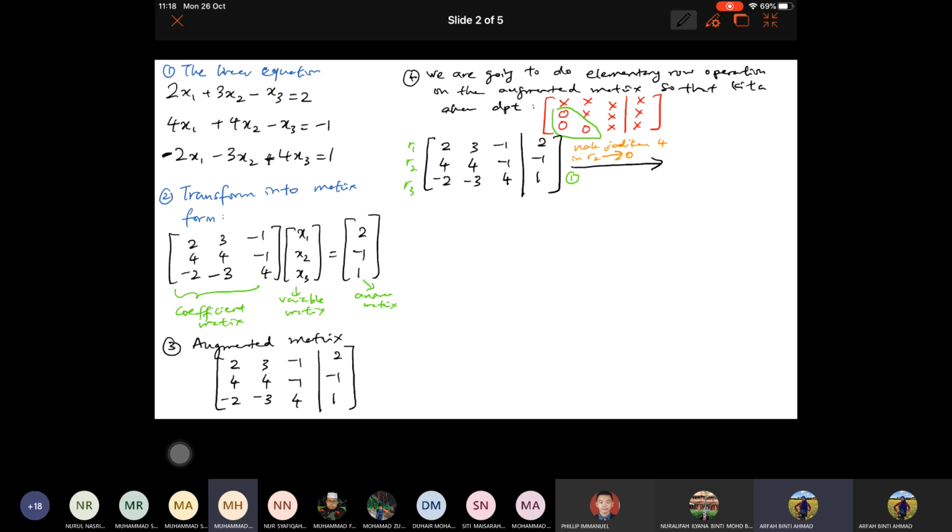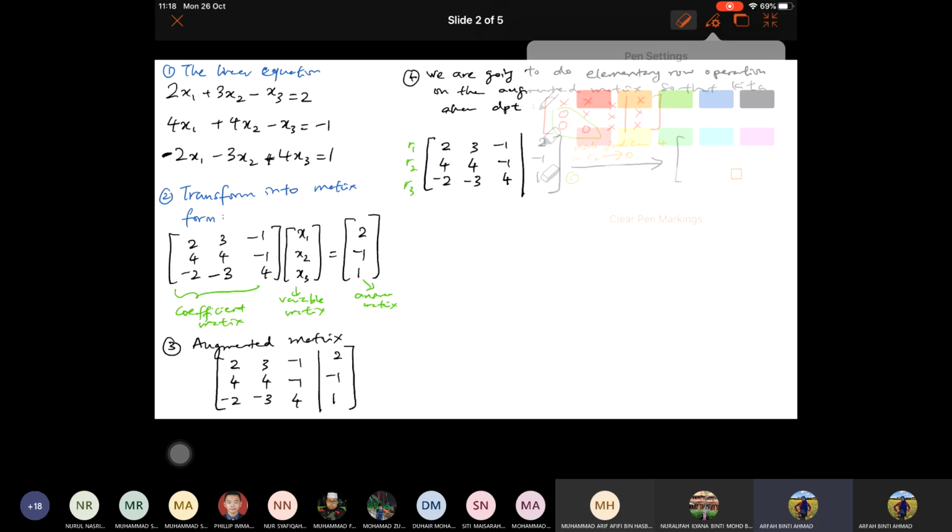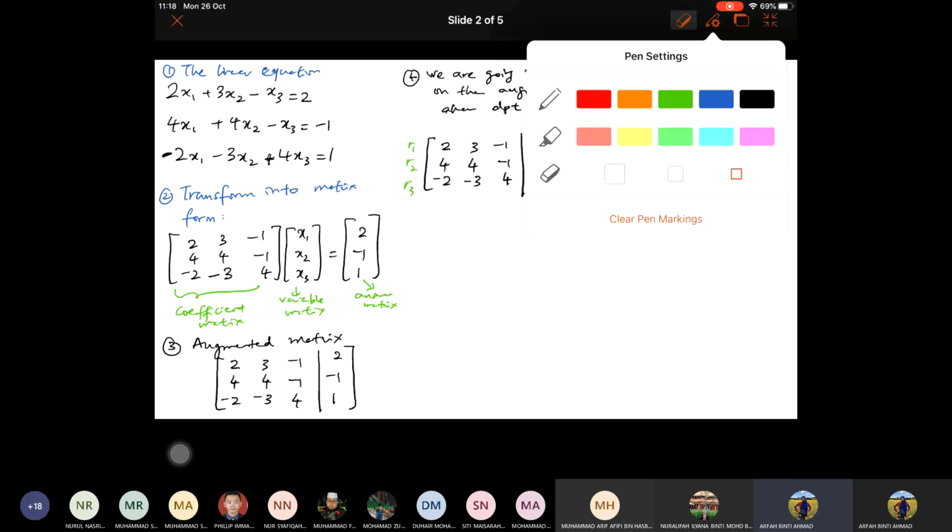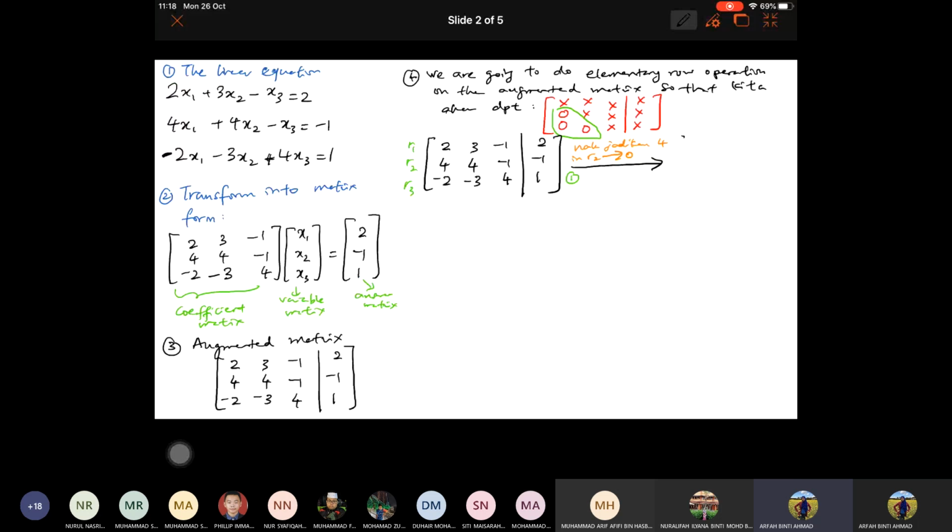Tak ada. So kita akan copy je straight row 1 tu. Awak salin sahaja balik row 1 punya elements. Okay. So you just copy the first row, you are going to have 2, 3, negatif 1 and 2. There's nothing changed on the first row.